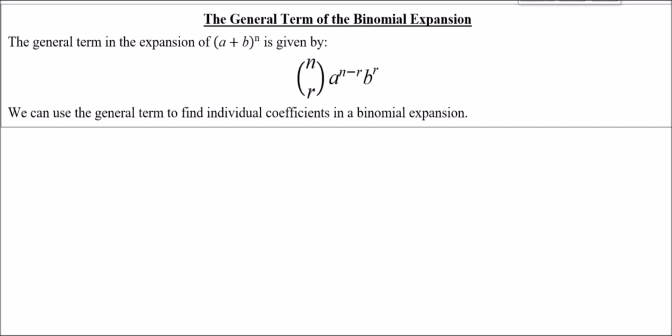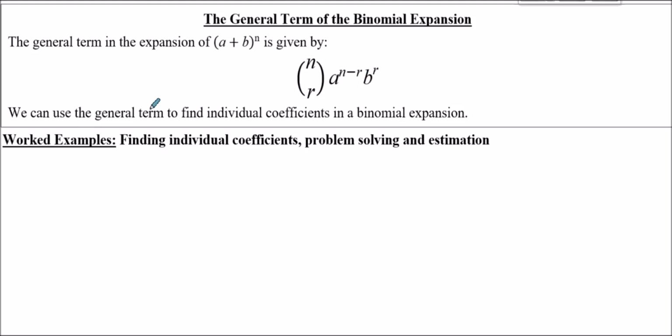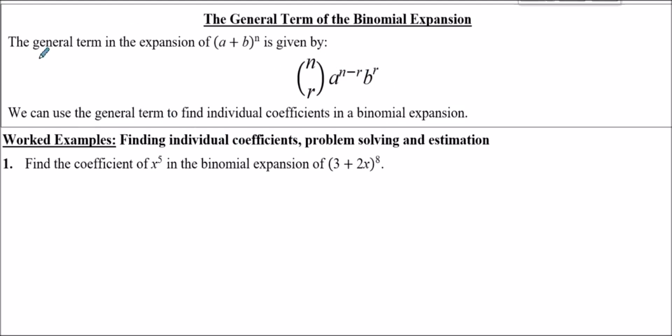So in this example I've got here, finding the individual coefficients using this, let's imagine we want to find the coefficient involving x to the 5 in this expansion here. This is why, for one of many reasons, when I write out the binomial expansion for students, I include the first term as such.